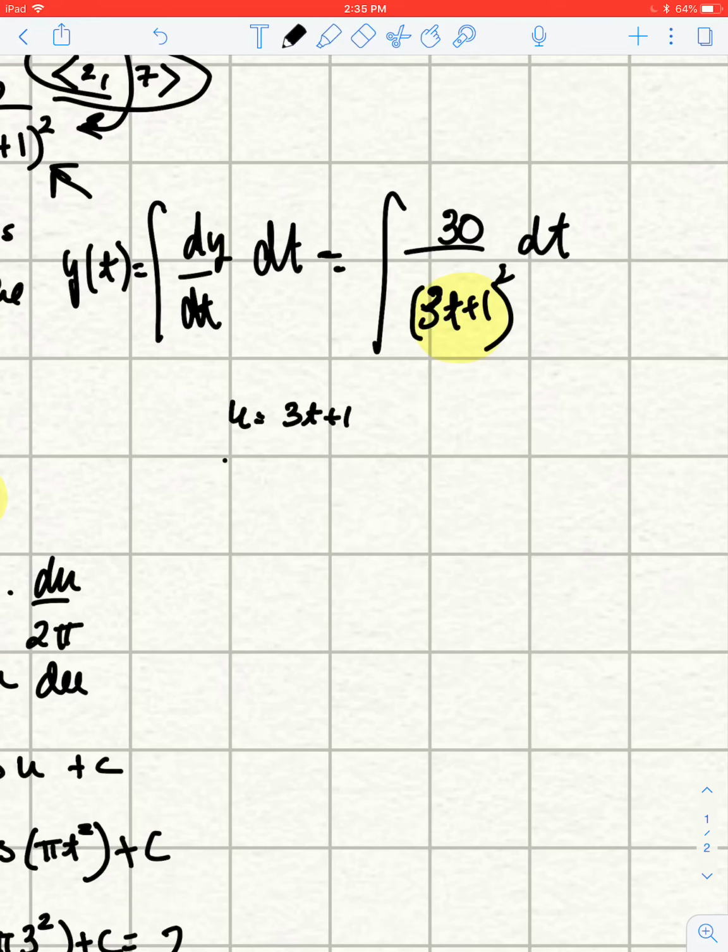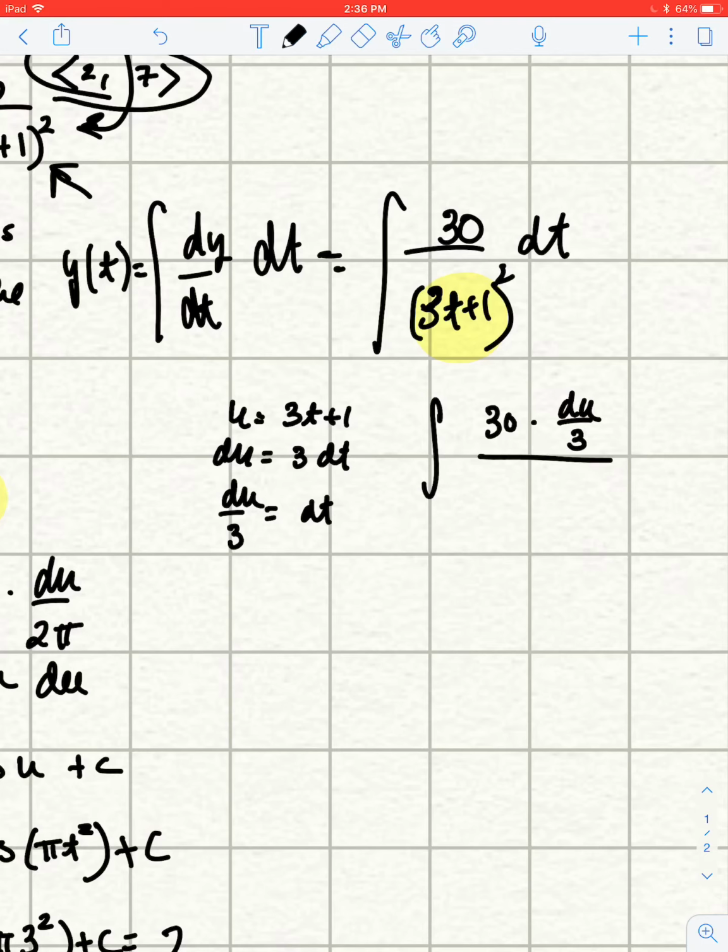So here we get u to be 3t plus 1, du is just 3 dt, so solve for dt. Substitute in.